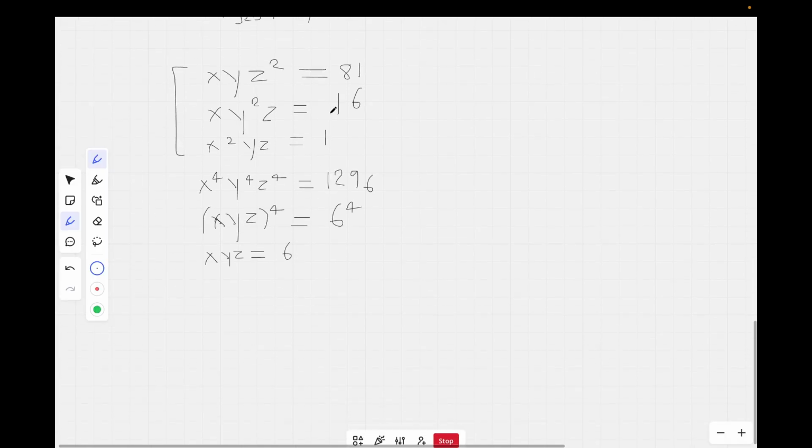So xyz equals 6, and then you can just proceed by dividing the first equation, xyz squared equals 81, by xyz equals 6, to get z equals 81 over 6, because the x and y's cancel, and that's equal to 27 over 2. Y is equal to 16 over 6. That's equal to 8 over 3.